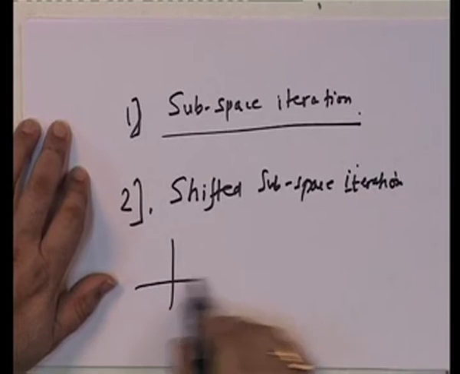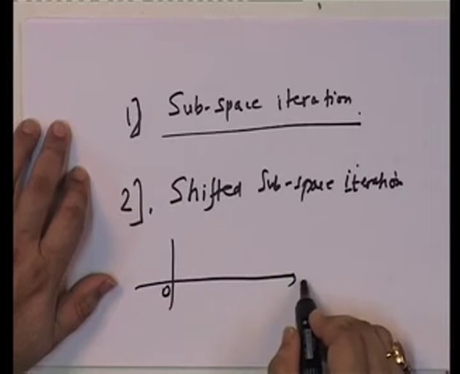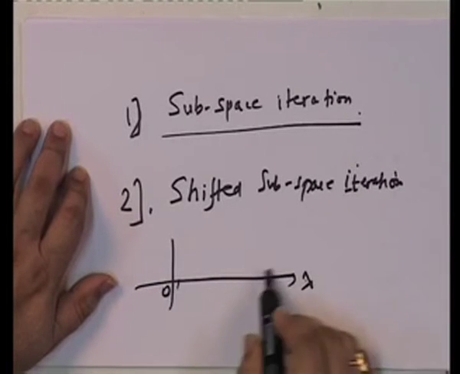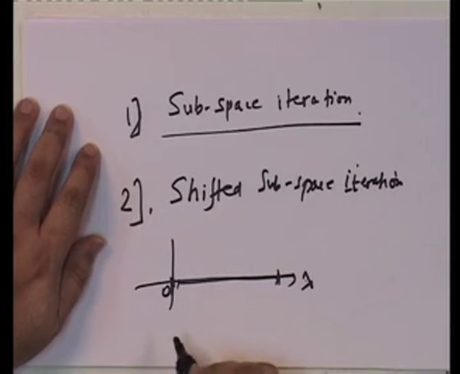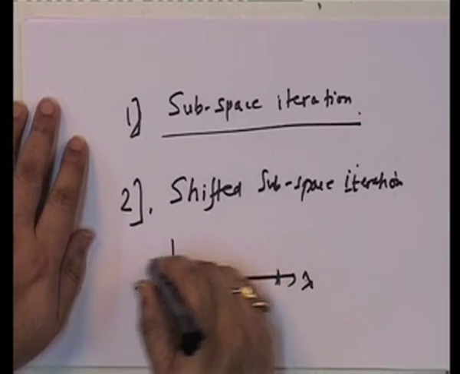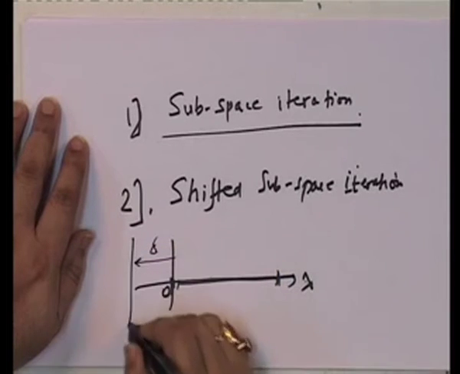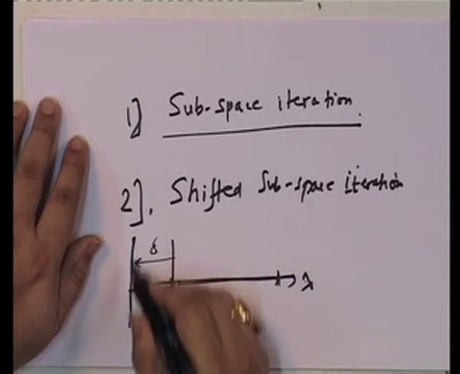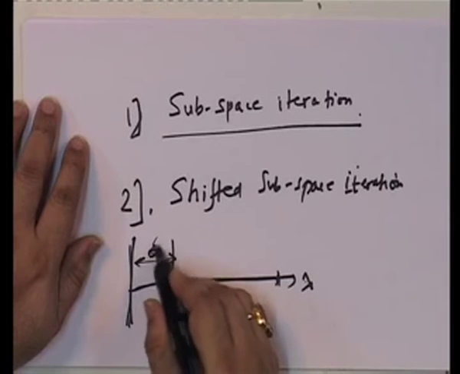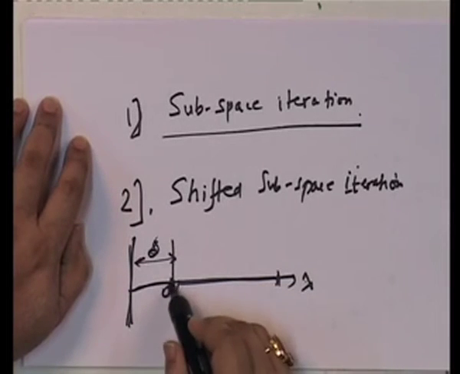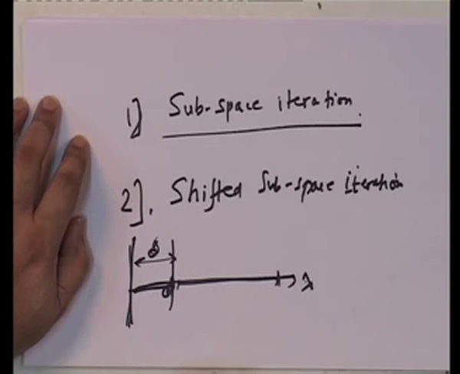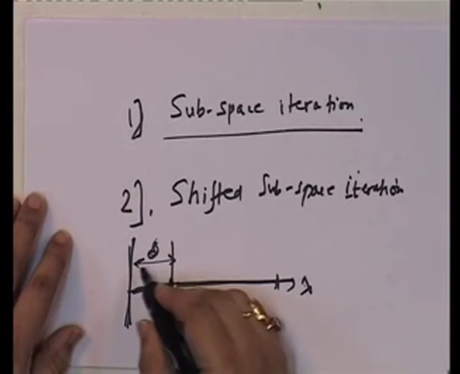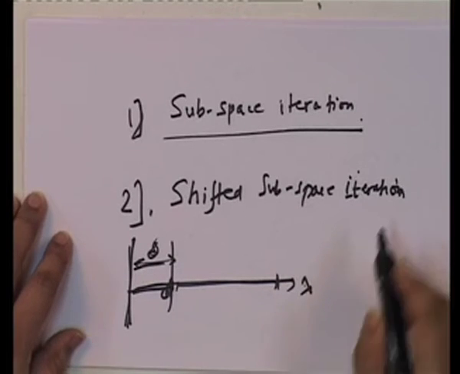We know that lambda lies in this domain. But suppose it lies in this domain, all that you do is take a delta shift, put the axis at a known delta shift away, and now this becomes a specific one. So, you can do that, that is called a shifted subspace iteration.